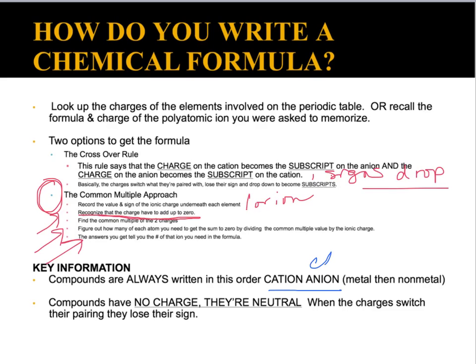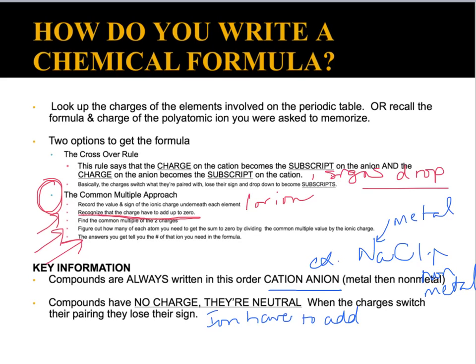So for example, that's why we write sodium chloride NaCl, metal, nonmetal. Okay, that's the convention, that's the rule. The other thing is that compounds have no charge, so the ions have to add up to 0. Okay, so the charges have to cancel each other out.